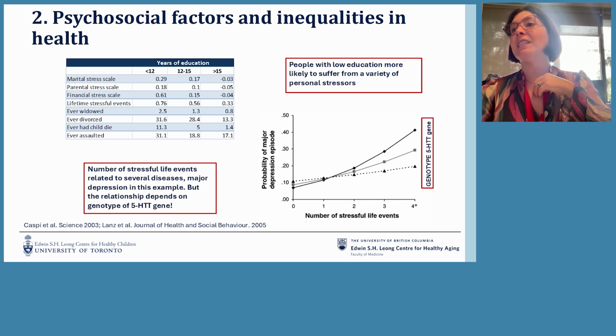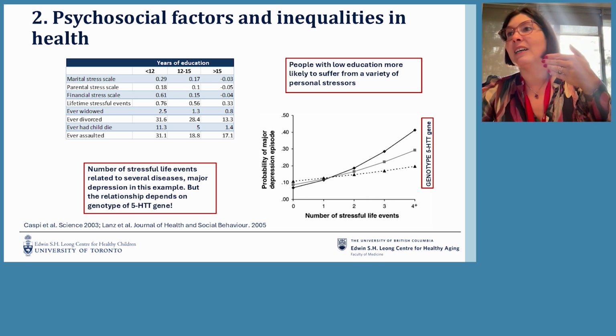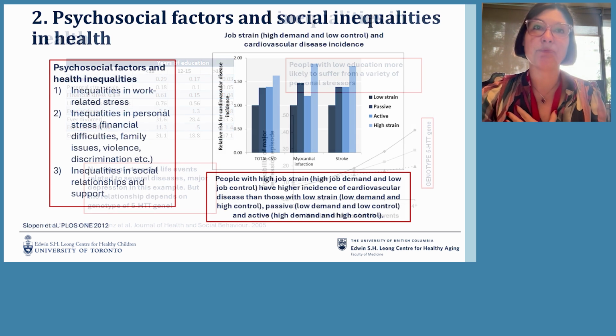In this figure, we see that the number of stressful life events is highly related to the probability of major depressive disorders, but that this is much higher among those with a specific genotype of this gene.